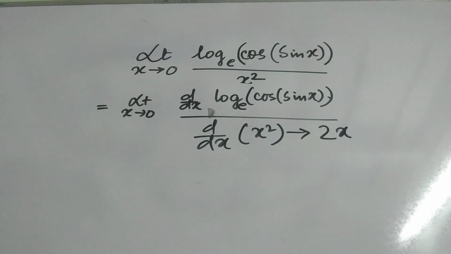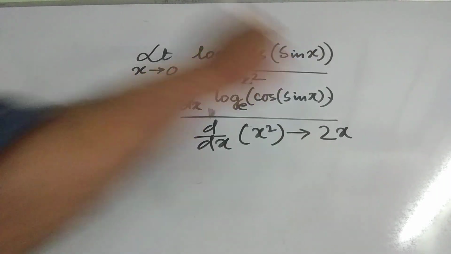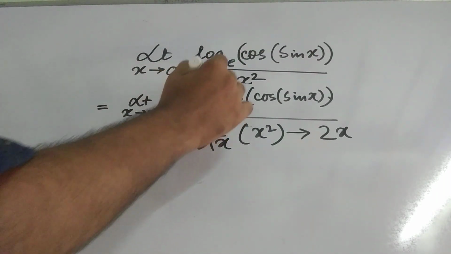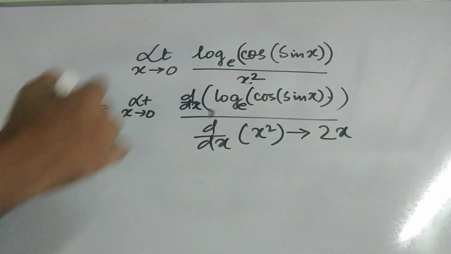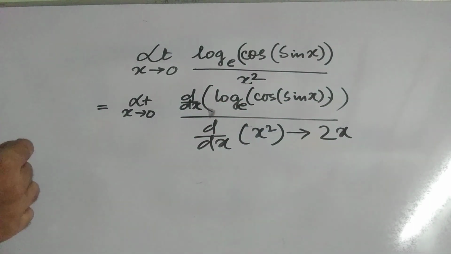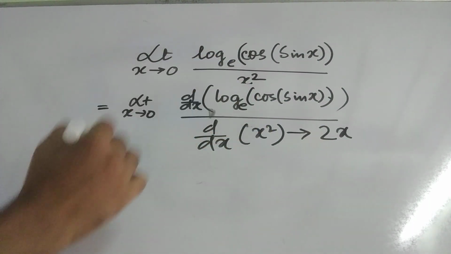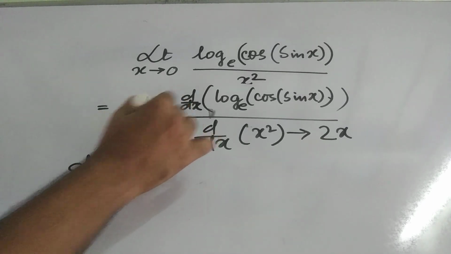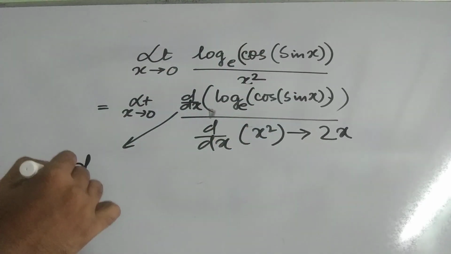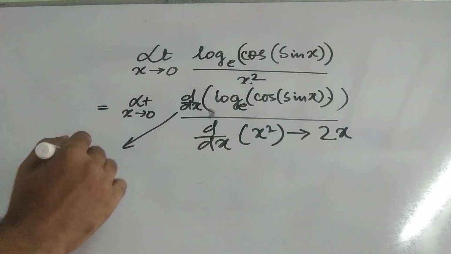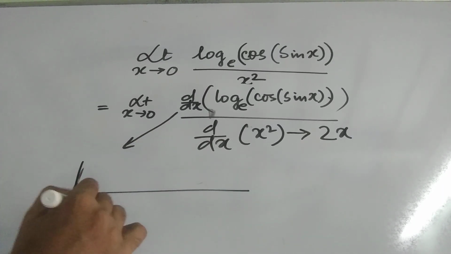It is very simple. And by chain rule, if we have to calculate d/dx of this, then we know that d/dx of log x is 1 by x, that I have also shown you in the last video. So d/dx of the numerator will be, obviously, 1 by cos of sin x.